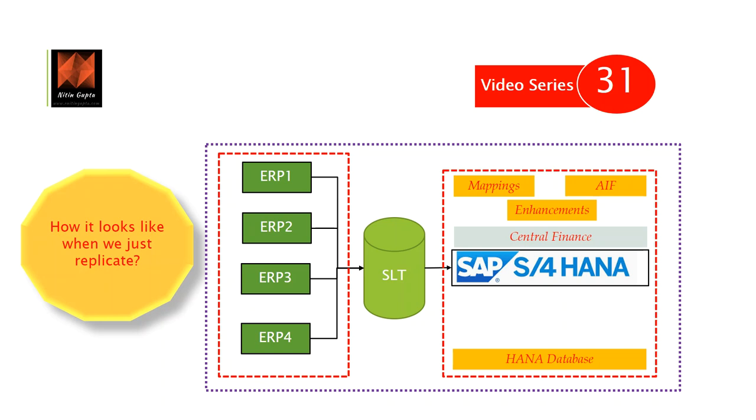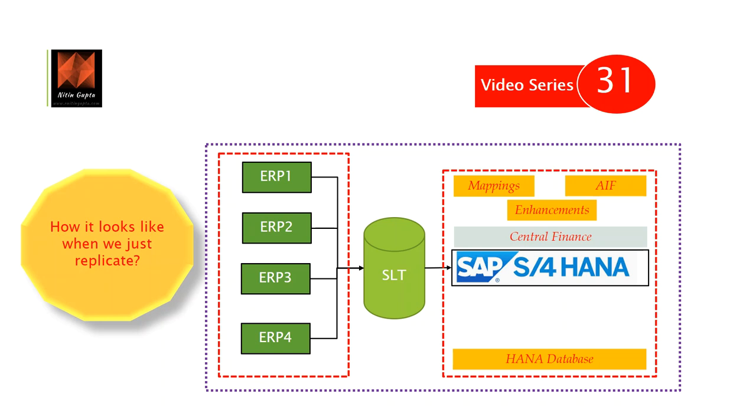However, if we add on top of this a non-SAP system as a source, for example Oracle or JD Edwards, then on SLT there is an additional component needed, I would say data services before SLT, that transforms the data and posts it into the SLT staging tables.